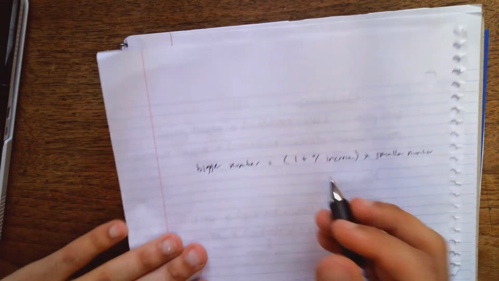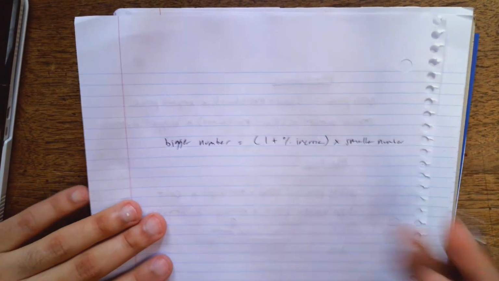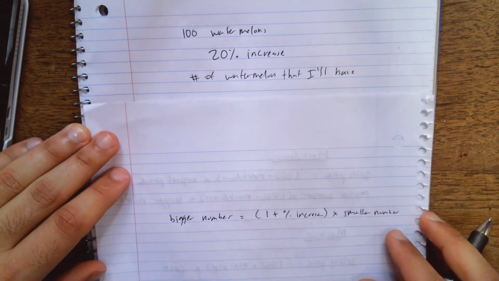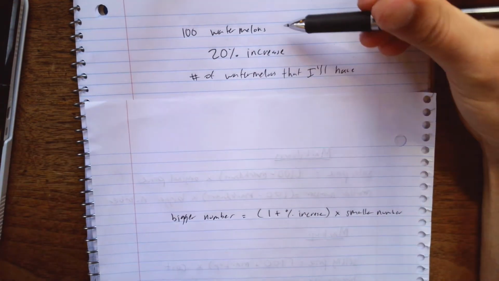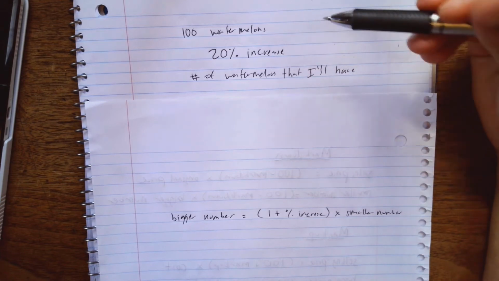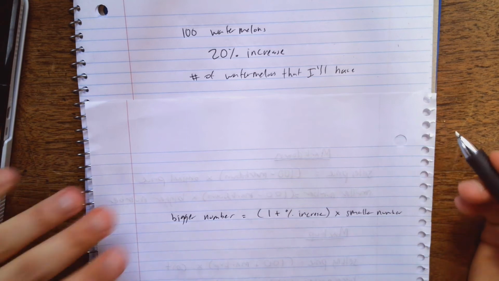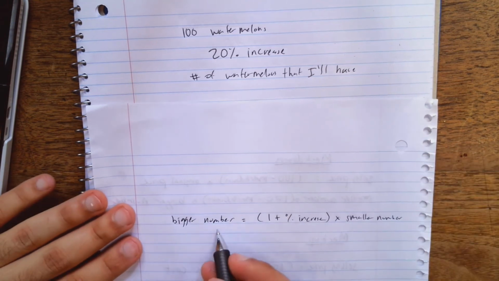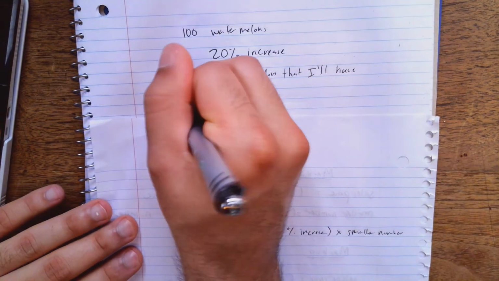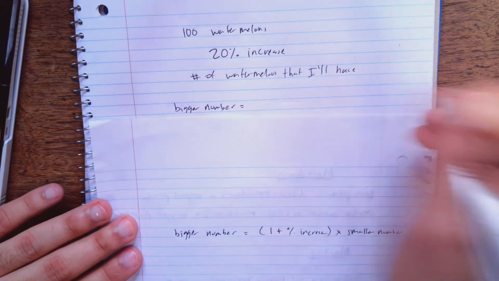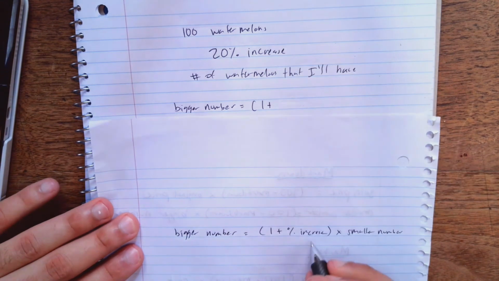So when we're talking about an increase in watermelons, like in this problem, the number that we're given is going to be our smaller number in this equation. And what we're trying to solve for is our bigger number. So we have our bigger number is equal to 1 plus our percent increase.